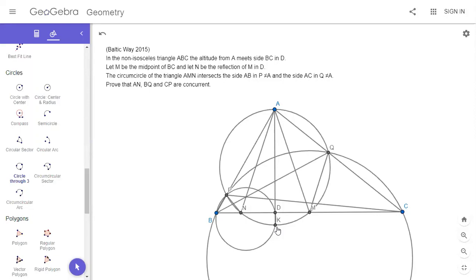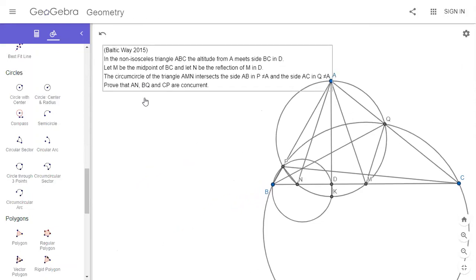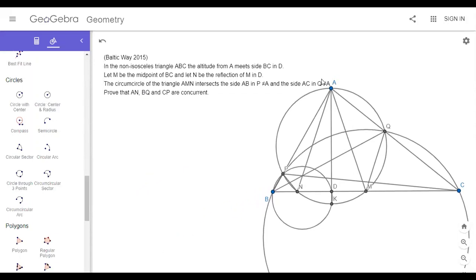And then now, so what do you do using power of a point? I'm going to start writing this up just because we're almost out of time here. Okay, so write it out in the chat.